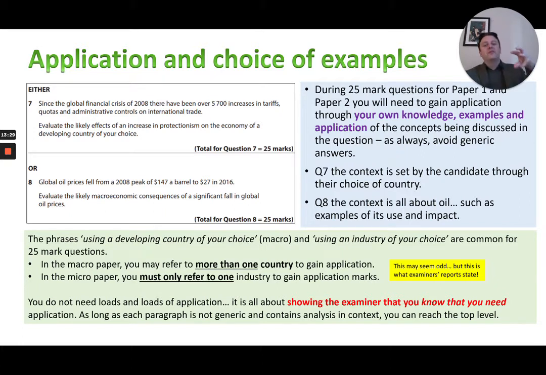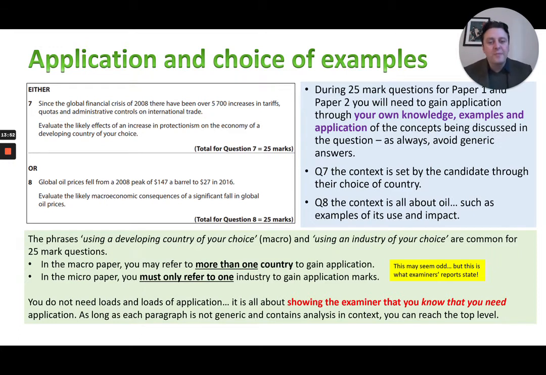So again, you don't need loads and loads of application, because the examiners know that you can't expect students to know everything about everything and apply it to every country in detail with lots of data. It's just an impossible task for students.